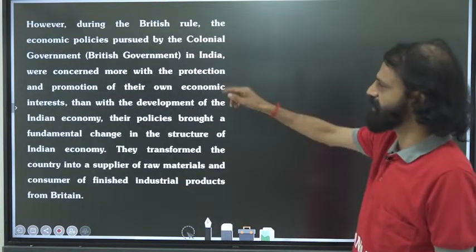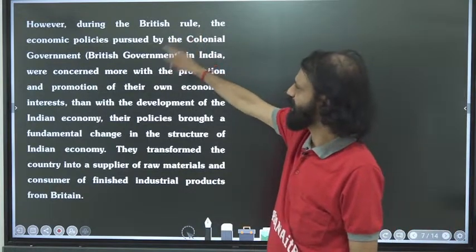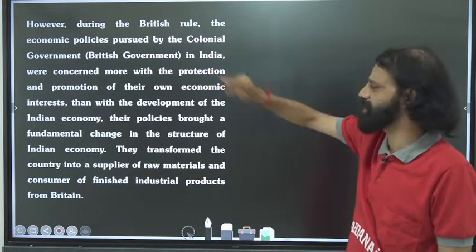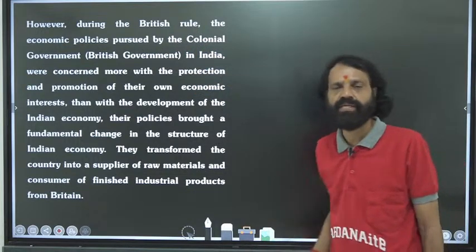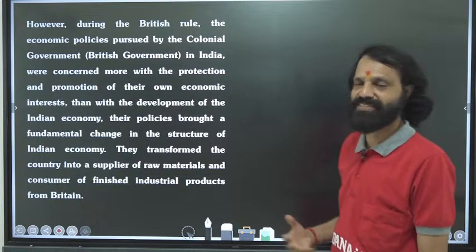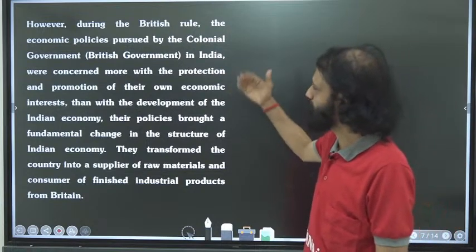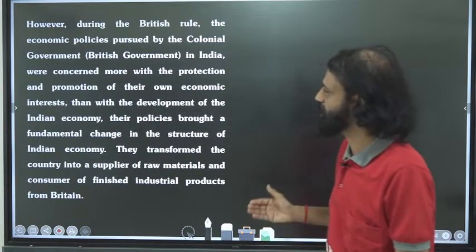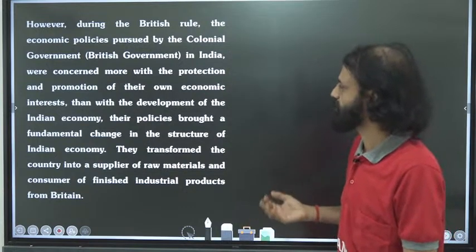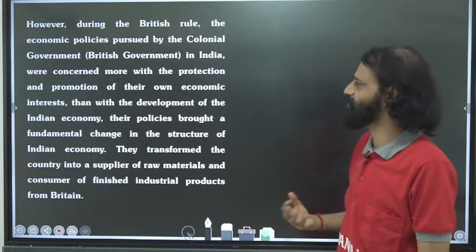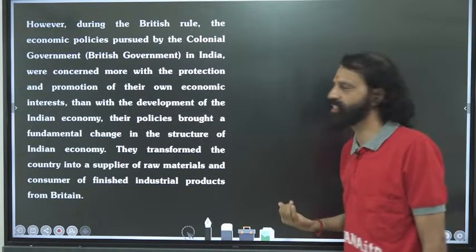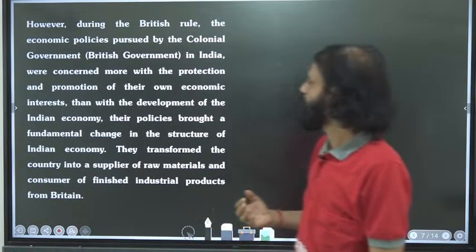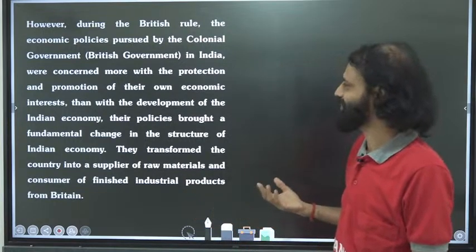However, during the British rule, the economic policies pursued by the colonial government in India were made against India, because India was their colony. Their ultimate aim was to develop their own country, so they wanted to exploit Indians, loot and plunder India's wealth to their country.